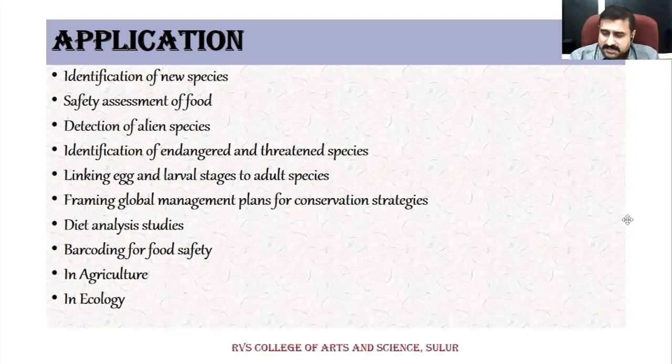Even in threatened species it is possible. Even for threatened species, morphological identification is possible, but for quick identification, once it is endangered, everything is possible with DNA barcoding.